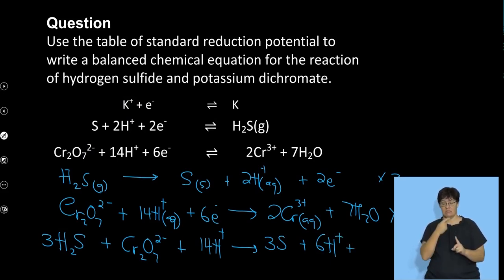Plus, if we multiply the chromium ion 3+ by 1, it will give us 2Cr3+, plus 7H2O.